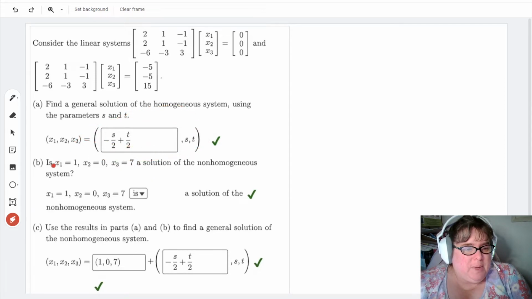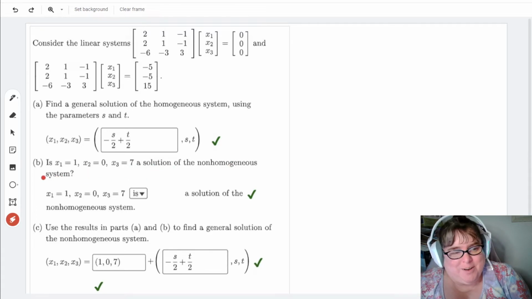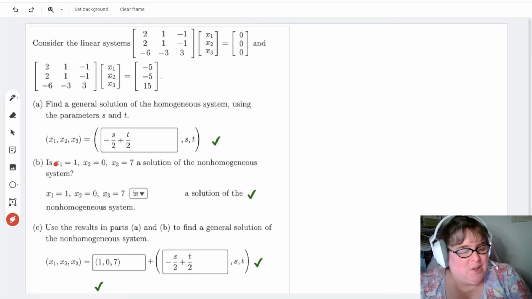Then part B asks, is x1 equal to 0, x2 equal to 0, x3 equal to 7 a solution to a non-homogeneous system? I'm trying to go quick. I didn't want it to be as long as my last one was.